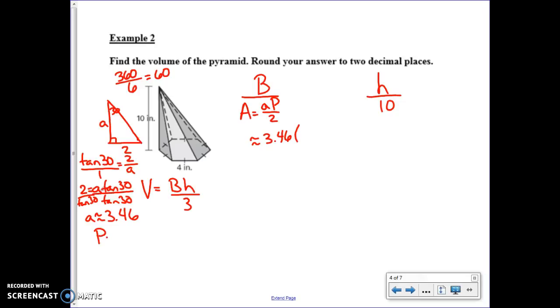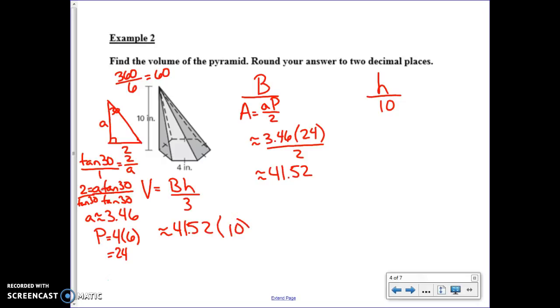Now I need to multiply by the perimeter, which I haven't found. So perimeter would be a side length of 4 times 6 sides would be 24. So by 24 over 2. So 3.46 times 24 divided by 2 is about 41.52. So now I have 41.52 for the area of the base times a height of 10 divided by 3.